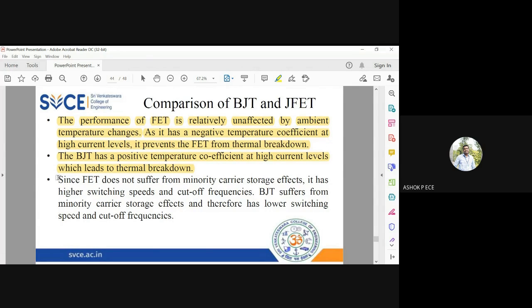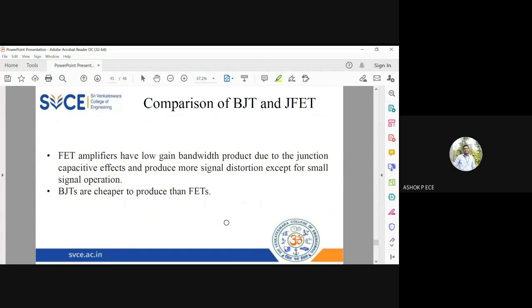Okay, and in FET, since there is no minority storage effect, it has a very high switching speed. FET is fast. You can turn on and turn off FET very fast compared to BJT, because in BJT we are involving all the minority carriers. See, because only one carrier is used, how many advantages FET is having, but all those are going to be drawbacks for your BJT.